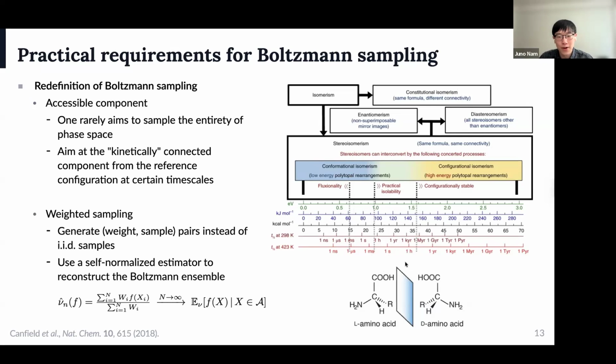And almost all amino acids that we encounter in real life are L amino acids. So that means we have to aim at some kind of kinetically connected component from a single reference configuration that we have, at certain timescales. So basically, we don't want to sample the entirety of the Boltzmann distribution, but we want to sample some connected component that starts from an initial configuration.